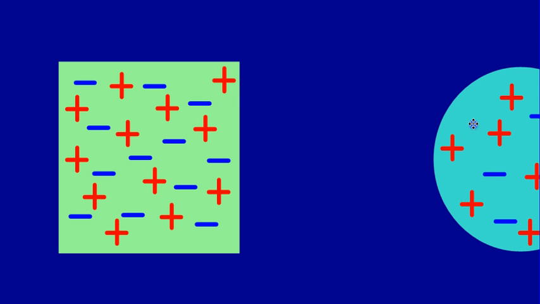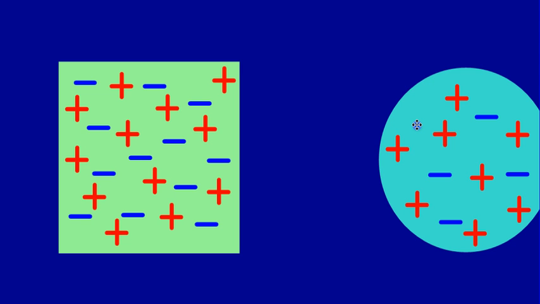So my circle could possibly be an insulator. When you charge by induction, there is no contact between your two objects. So that means that this circle will not contact the square. Instead, it'll just come nearby.